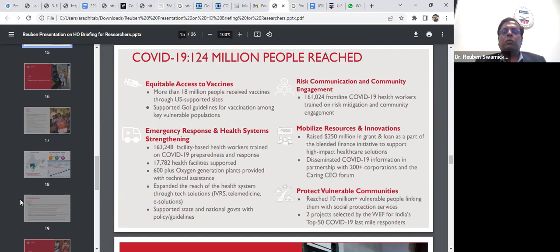And I think what really stood out at the end was almost 10 million vulnerable populations were reached. I think the World Economic Forum actually recognized India in the top 50 as having reached the last mile, which was really how we were able to significantly save a number of lives that the country was heading towards.